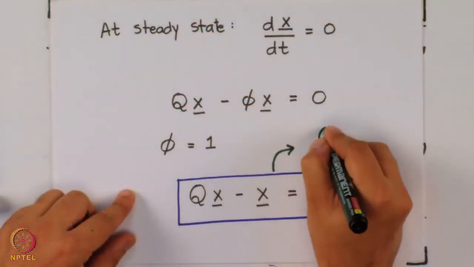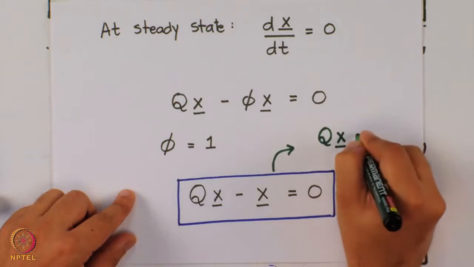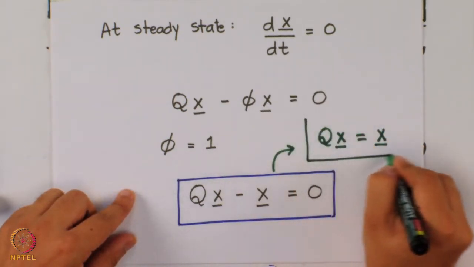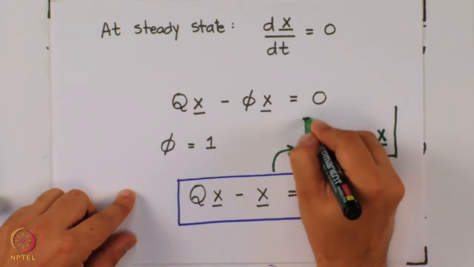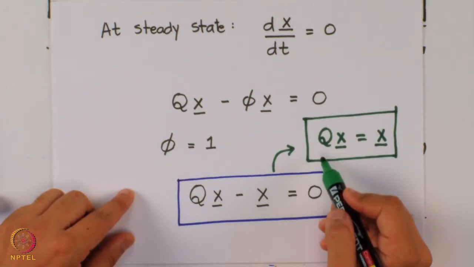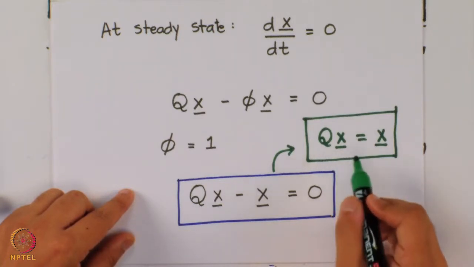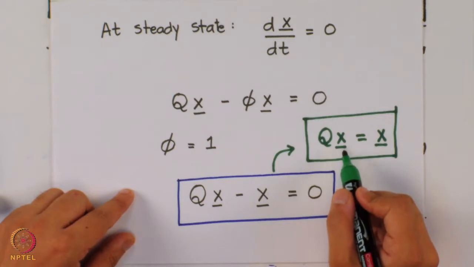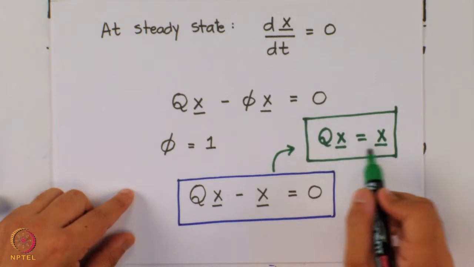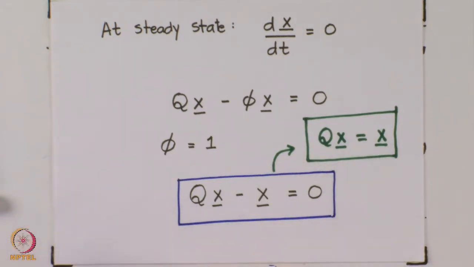To do that, first we have to realize that this equation can be rewritten as Qx equals x, where again x is a vector and Q is a matrix. So given the mutational matrix Q for any system with n distinct genotypes, I have to find an x such that when that x vector is multiplied by the mutation matrix, I get x back. That is essentially the problem that we have to solve here.